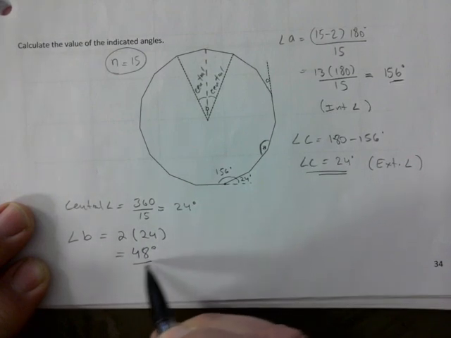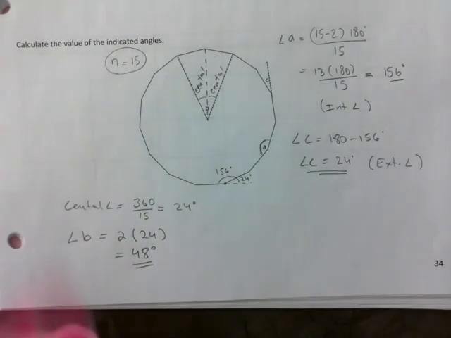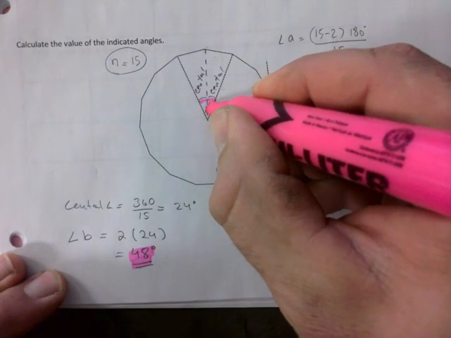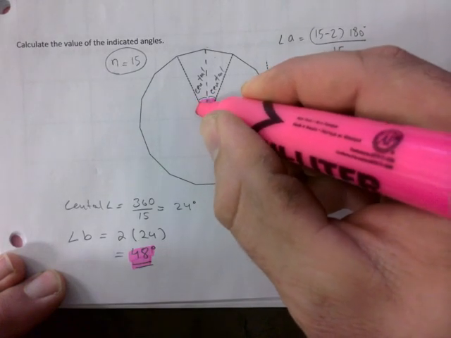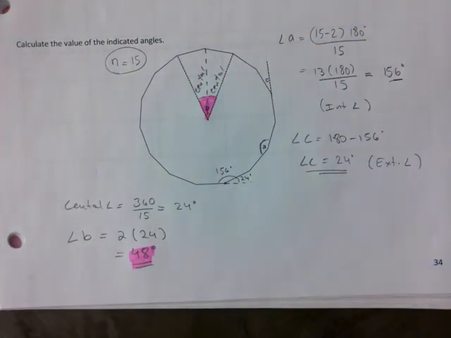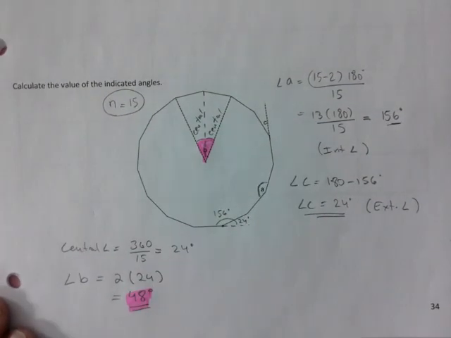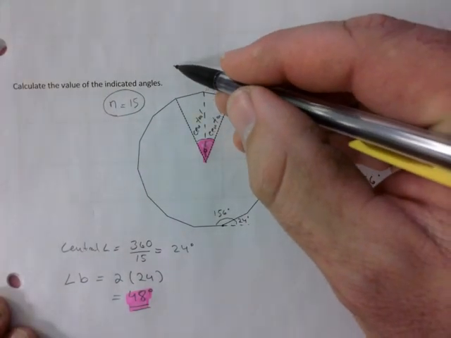Okay, that angle right there, that's the whole thing here. The whole thing there is 48 degrees. It's 2 central angles there. Should I give you a warning when you look through your notes down the road?